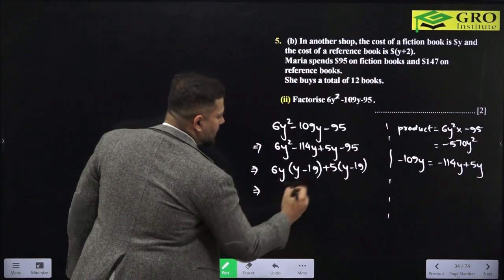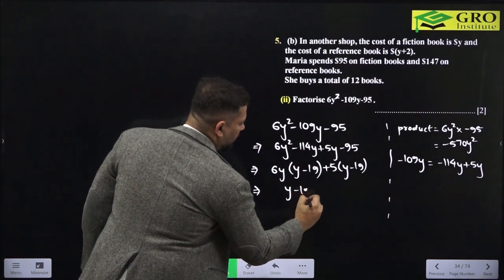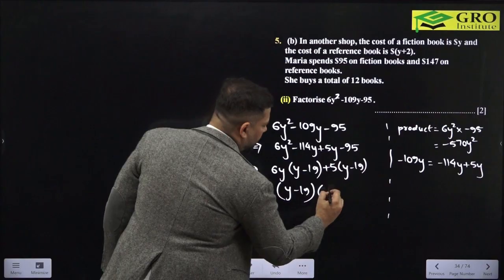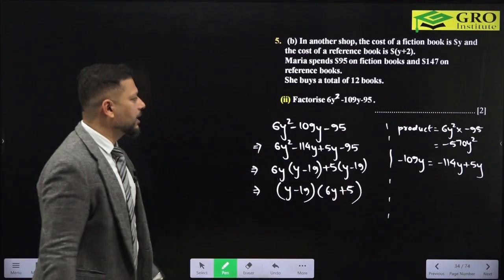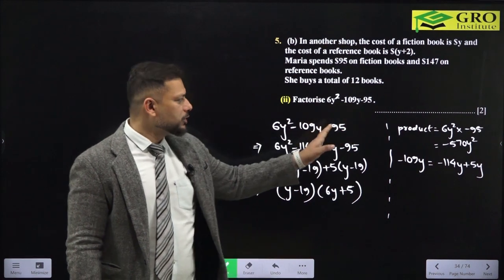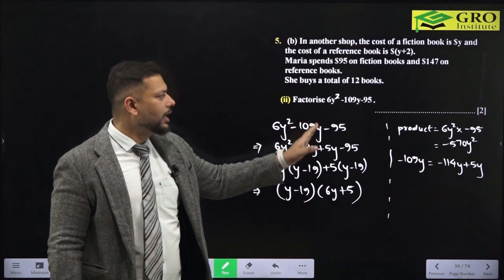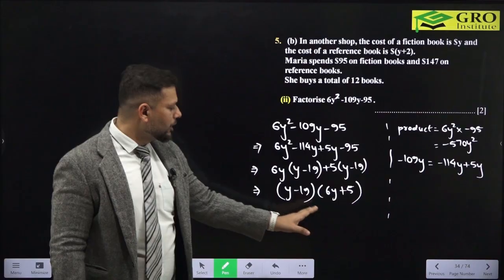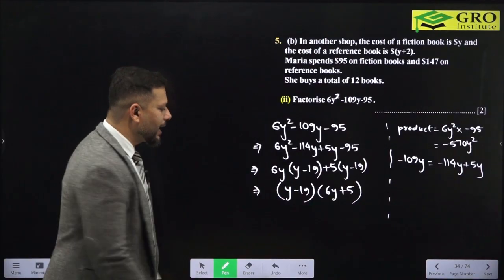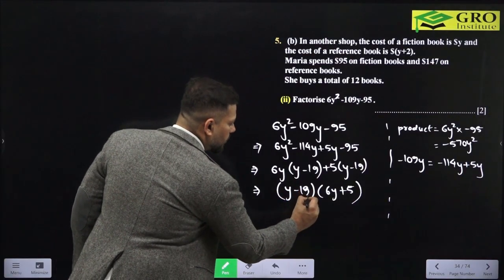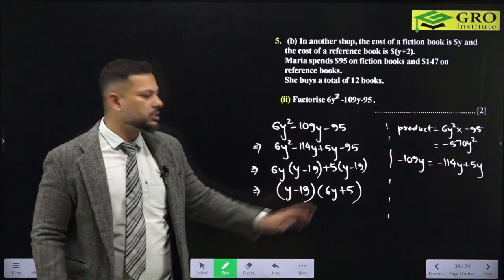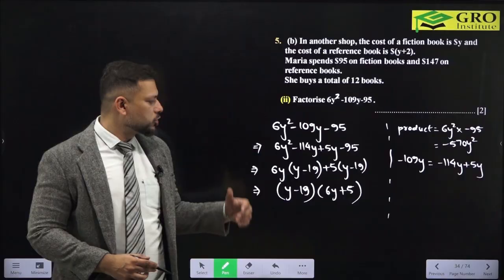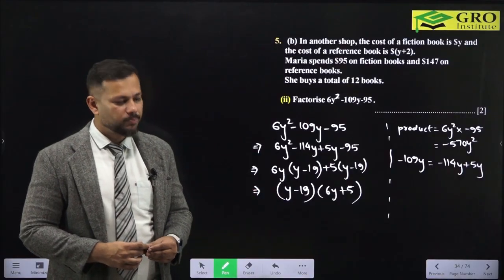So y minus 19 being common, we will take it out. So we are left with 6y plus 5. So these are the factors of this given expression. 6y square minus 109y minus 95 is actually the product of y minus 19 and 6y plus 5. Note down this factorization, and then we will solve it to get the value of y.